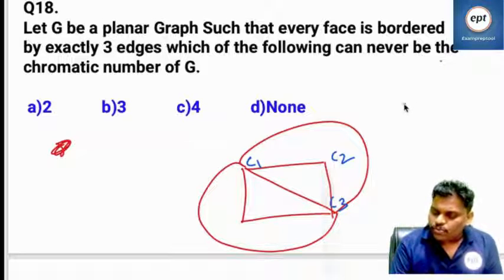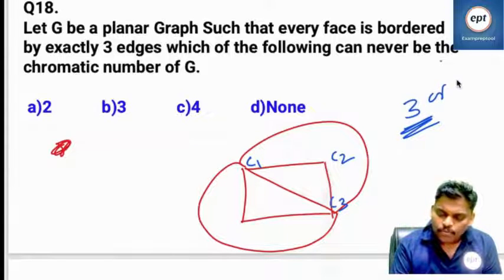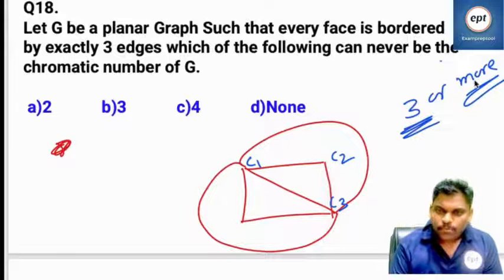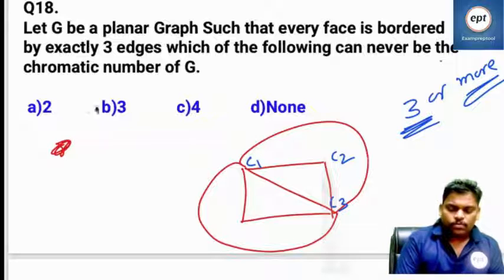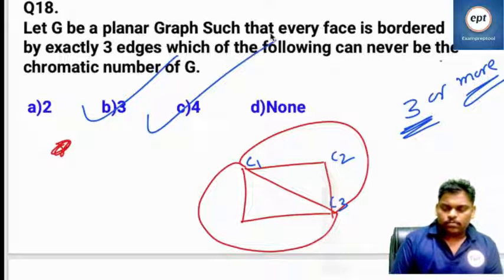So the chromatic number should be 3 or more. Either 3 will be there or more will be there.